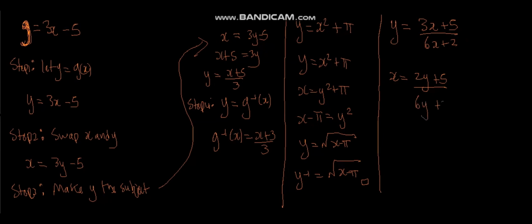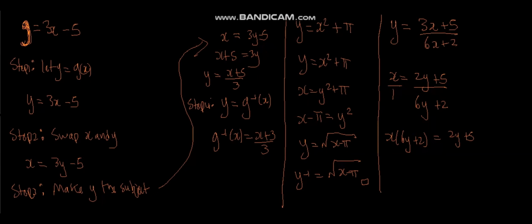Now we need to make y the subject of the formula, so we need to cross multiply here. So you would get x by 6y plus 2 equals to 2y plus 5. So our goal is to carry all the y terms on one side and all the x terms and constants on the other.